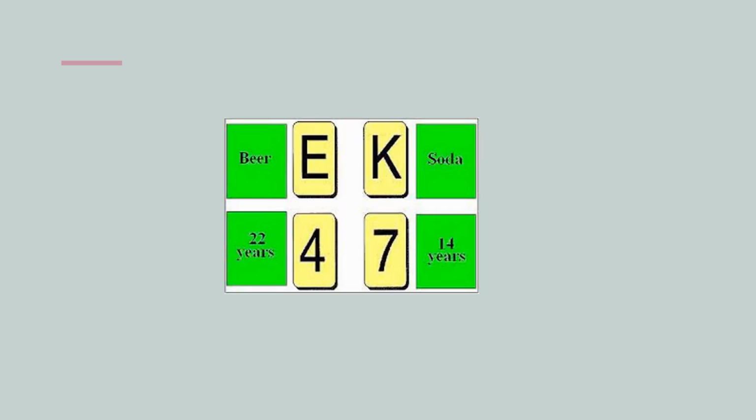Now, interestingly, we saw the Wason selection task and how people go wrong with this in just confirming and not disconfirming. But when this test is reframed as a cheater detection test, people do a lot better. So here the cards E, K, 4 and 7 are replaced with beer, soda, 22 years and 14 years.